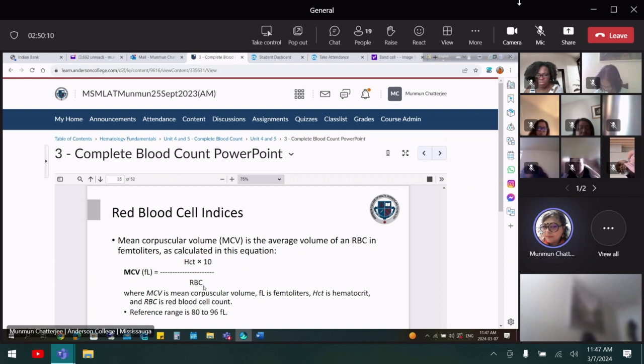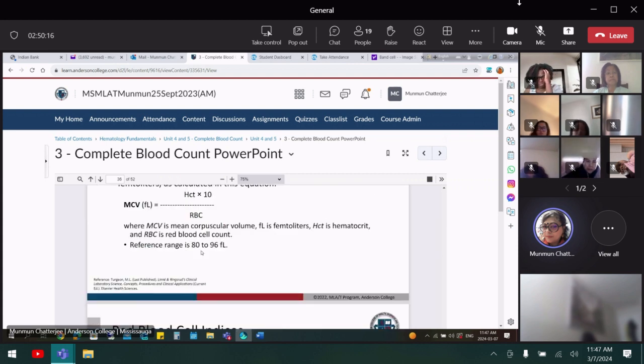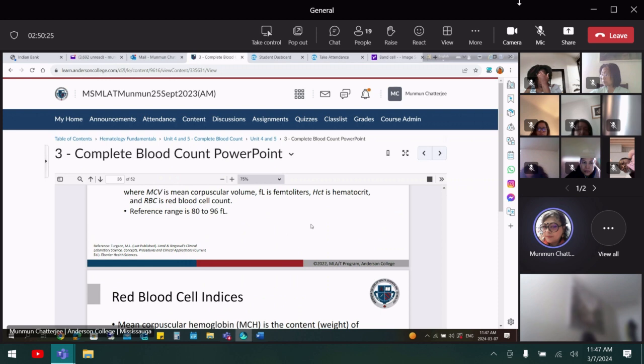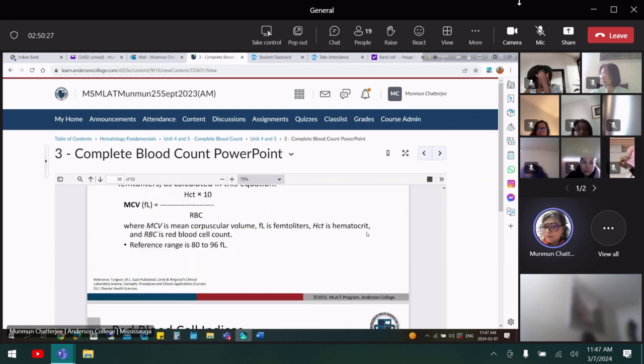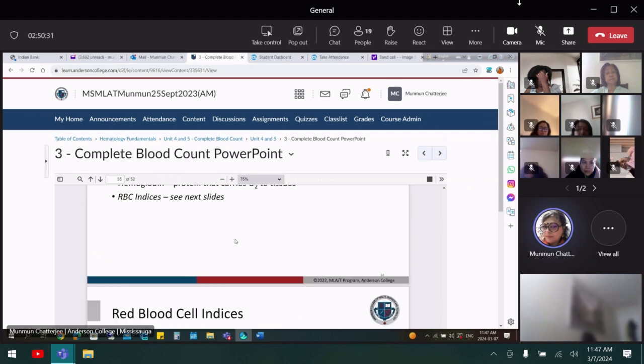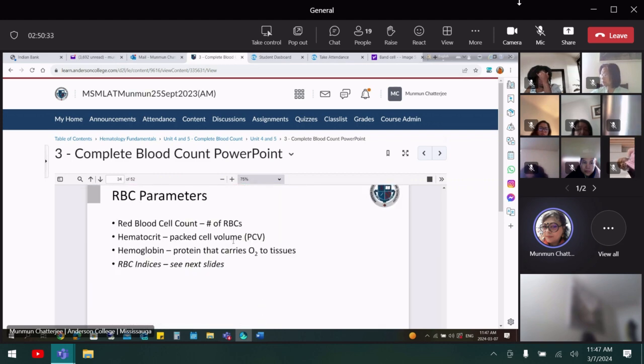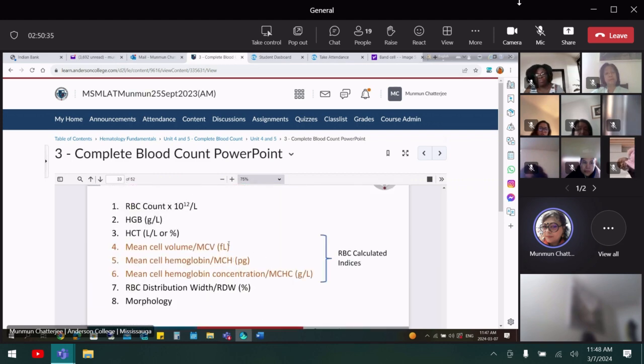So MCV is hematocrit times 10 divided by RBC. The reference range is 80 to 96 fL, femtoliters. Hematocrit is in percent, and RBC is the red cell count, number of cells times 10 to the power 12 per liter.